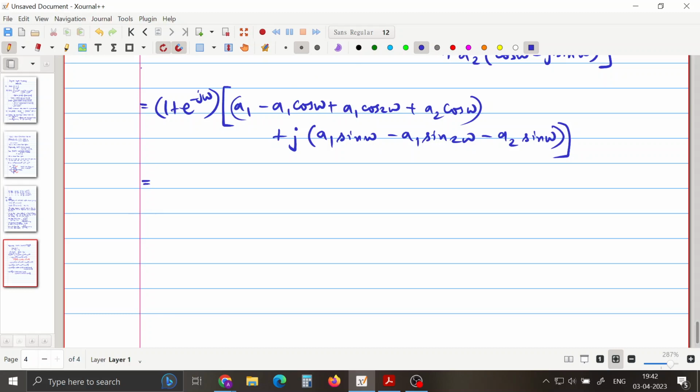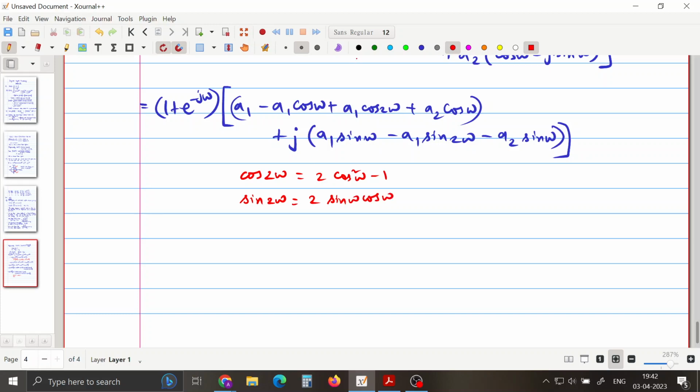Okay, now what I will do is, see, there is a cos 2 omega term here, and also there is a sin 2 omega term, and I will use the formula cos 2 omega equals 2 cos square omega minus 1, and sin 2 omega, as you know, is 2 sin omega cos omega.